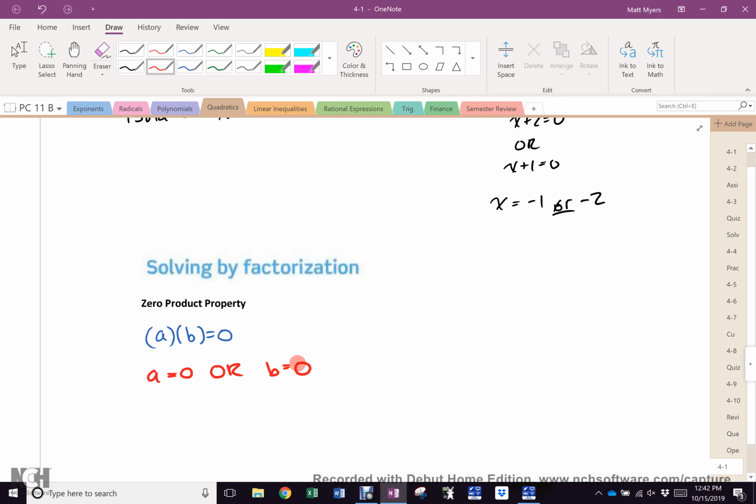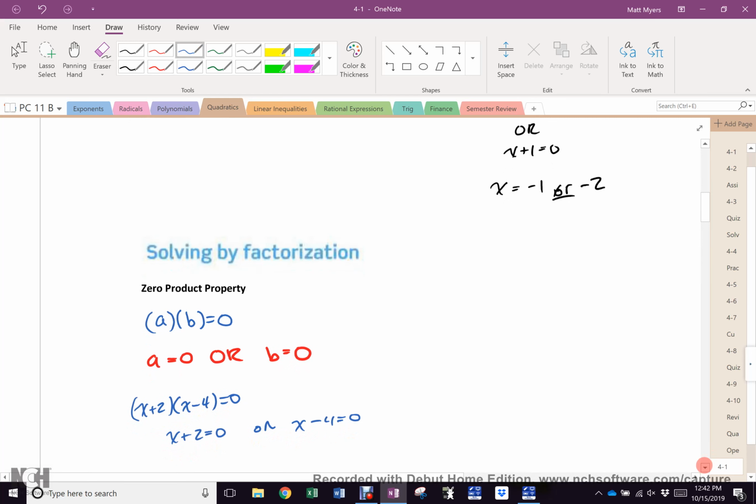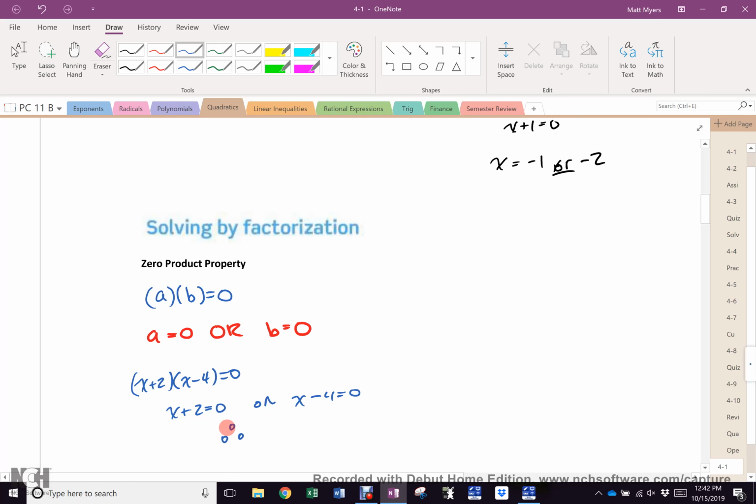You recognize this as x plus 2, x minus 4 equals 0. x plus 2 equals 0, or x minus 4 equals 0. So therefore, that's what those three dots mean. Therefore, x equals -2 or 4. Yeah? You all already know this, right?